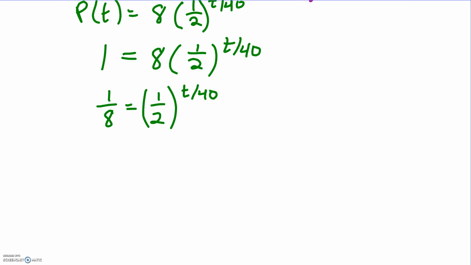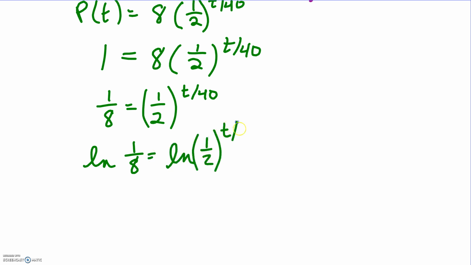Take the natural log of both sides. Move this exponent down to the front. Divide both sides by the natural log of 1/2.